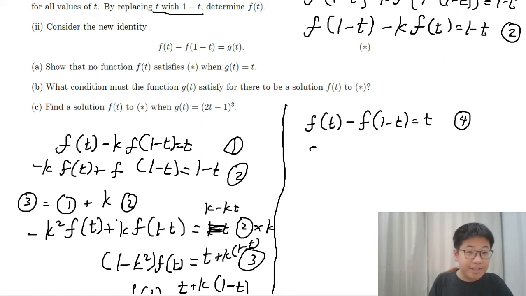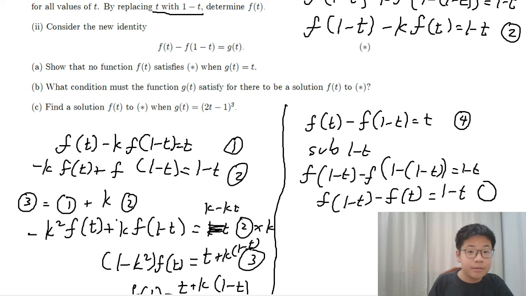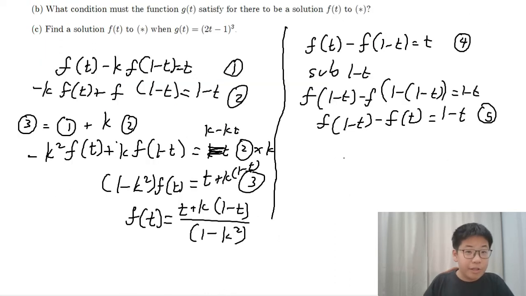We substitute 1 minus t again. We simplify this equation, giving us another equation. So, what do we do?